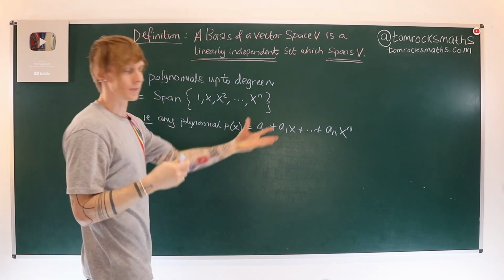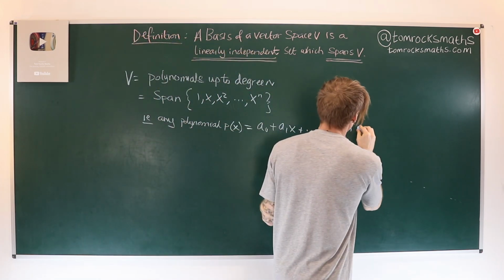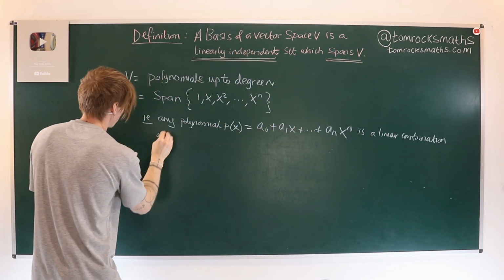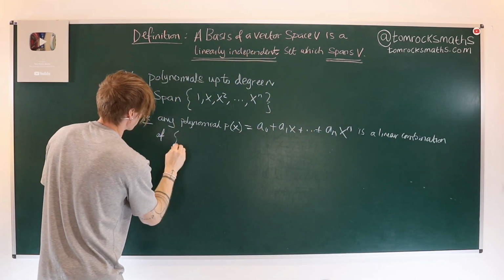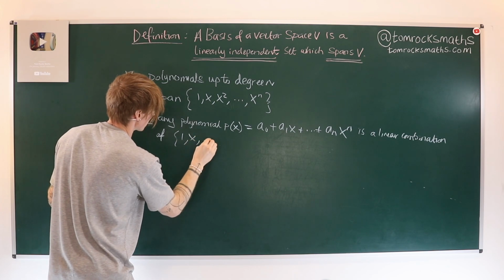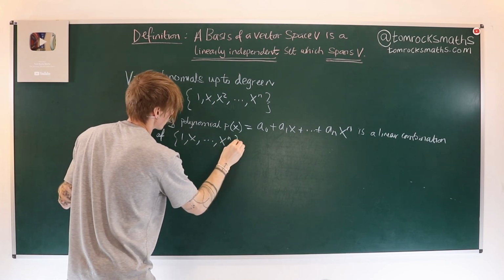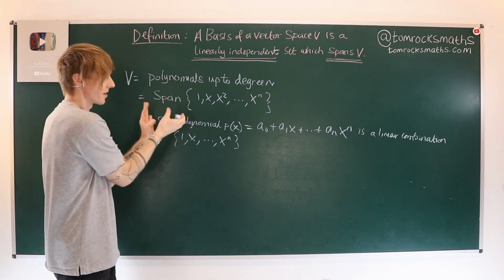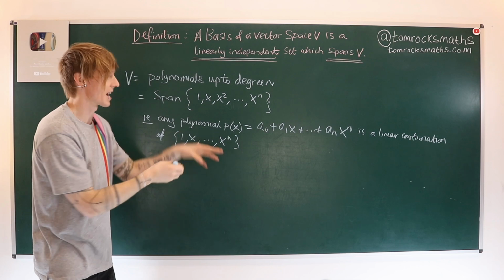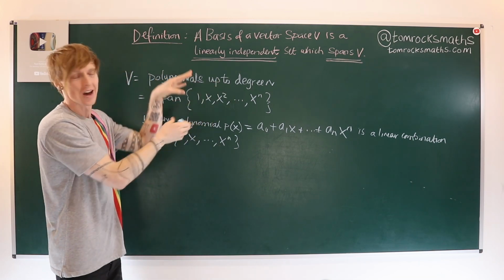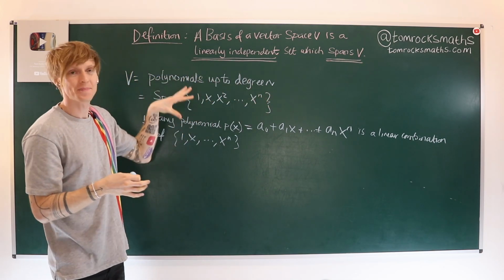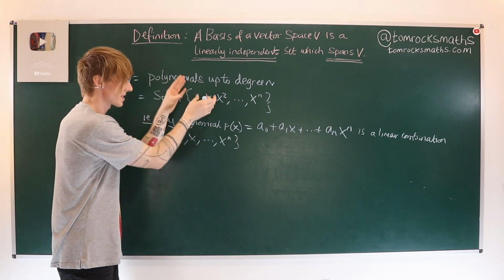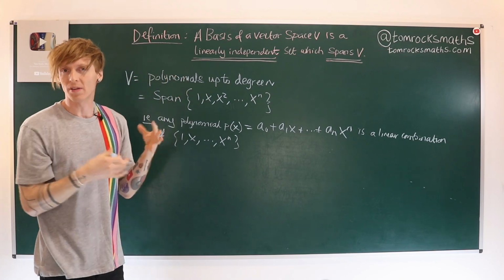Any polynomial, which must look like this, is a linear combination of the spanning set, so of 1, x up to x to the n. So again, anything in our vector space can be written as a linear combination of all of the vectors in the spanning set. If that is true, then we say that this set spans the whole vector space.